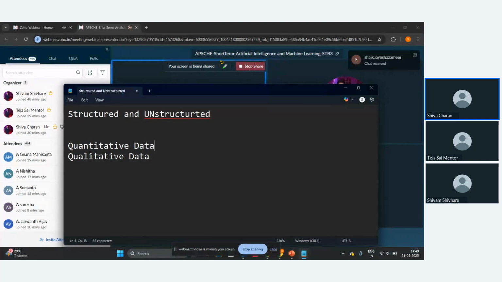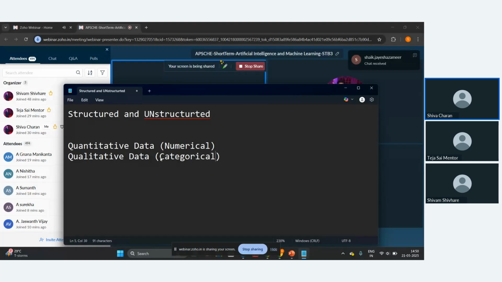What is this quantitative and qualitative data? Quantitative data means it is referring to the quantity. Quantity in the sense it is numerical. And coming into qualitative data, in this qualitative data we'll be having categorical format data.